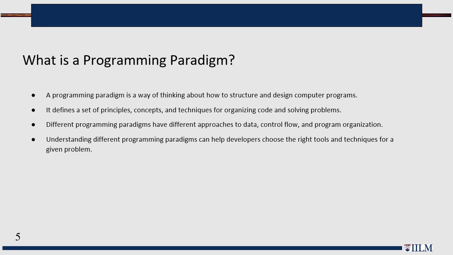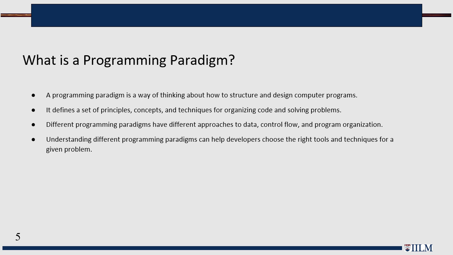In this way of structuring, we find there are many different paradigms, each with its own strengths and weaknesses. In C, we code somehow differently than in Java. And some languages can even support multiple paradigms.